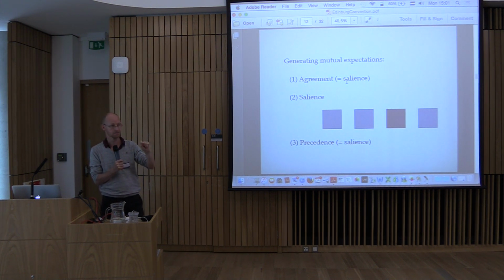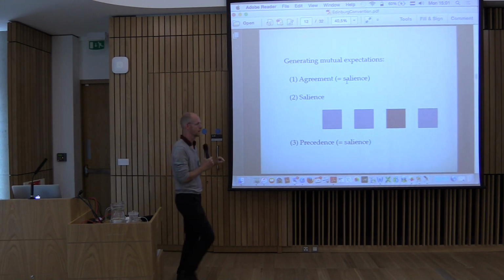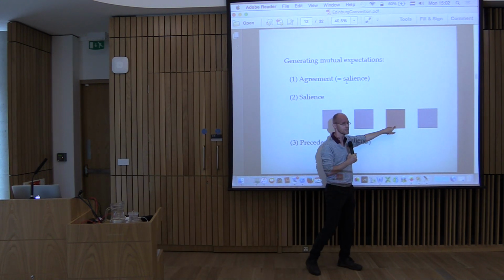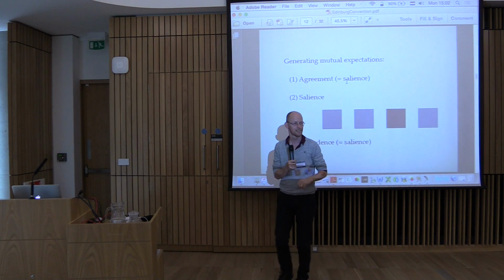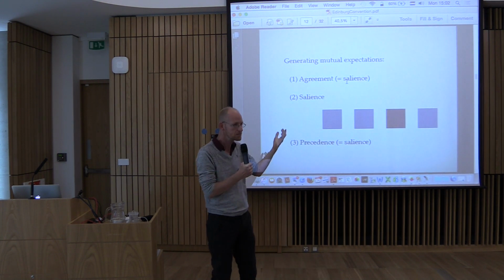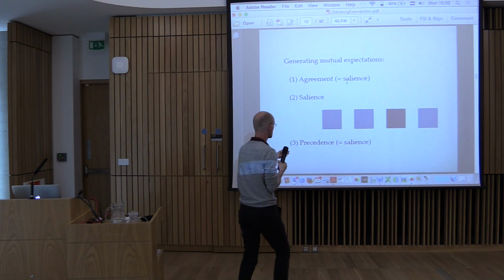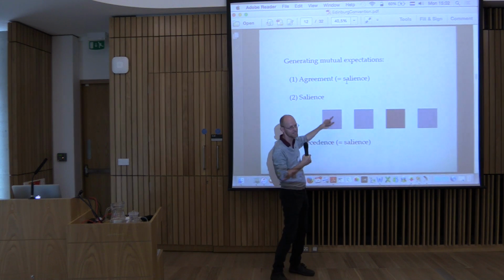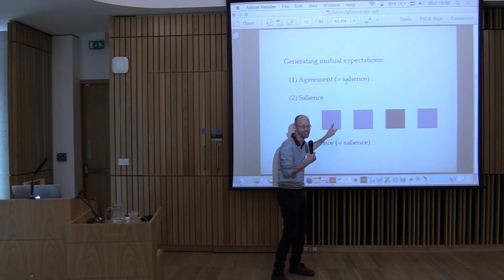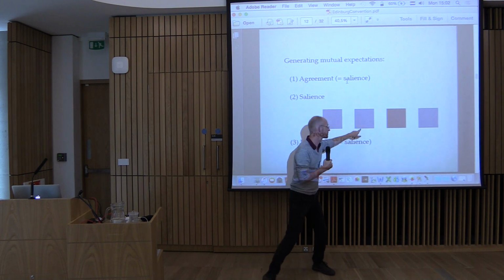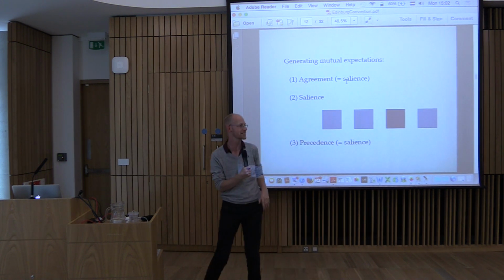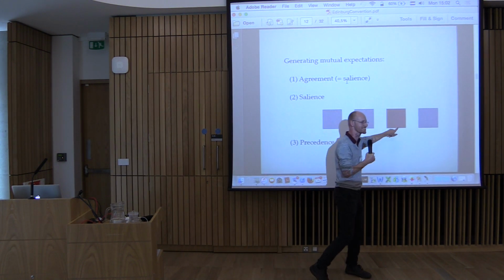Well, I would choose this one. I don't know about you. Because it stands out. If you have to go for a unique action, maybe you will do the same. It's the most left one. And this is the most left middle one, but this one is more salient than the others.